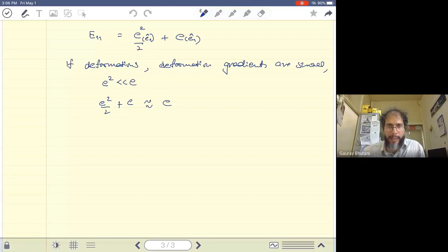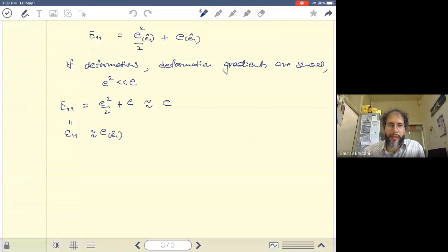So what we see is that E11 is approximately equal to e. And we also saw that E becomes equal to epsilon when you have the infinitesimal deformation theory valid. So under the infinitesimal deformation theory, this E becomes equal to epsilon 11, and that is approximately equal to e.